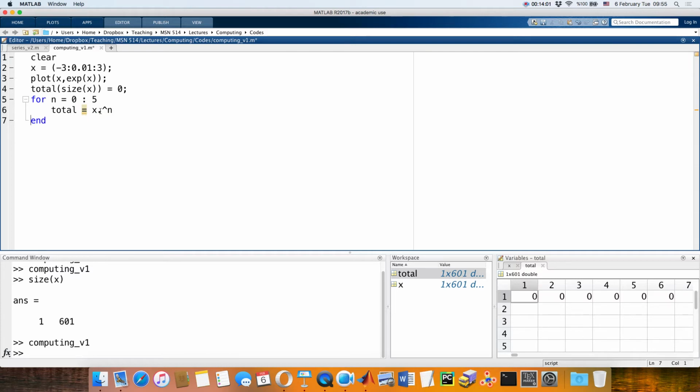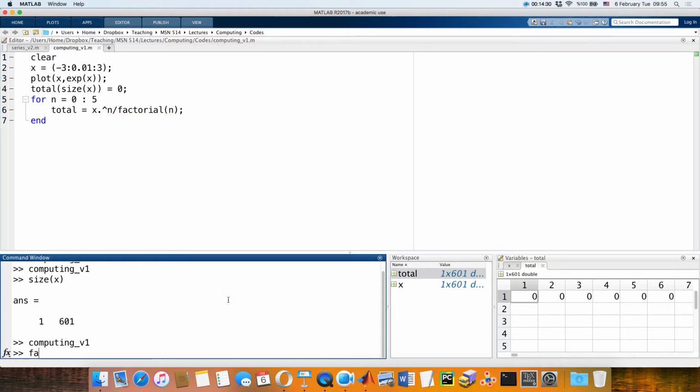Why did I put dot here? Do you remember from the previous hour? Element-wise, I'm taking the power of each element of x. Divided by, let's close this, divided by factorial of n. That's how you get factorial.